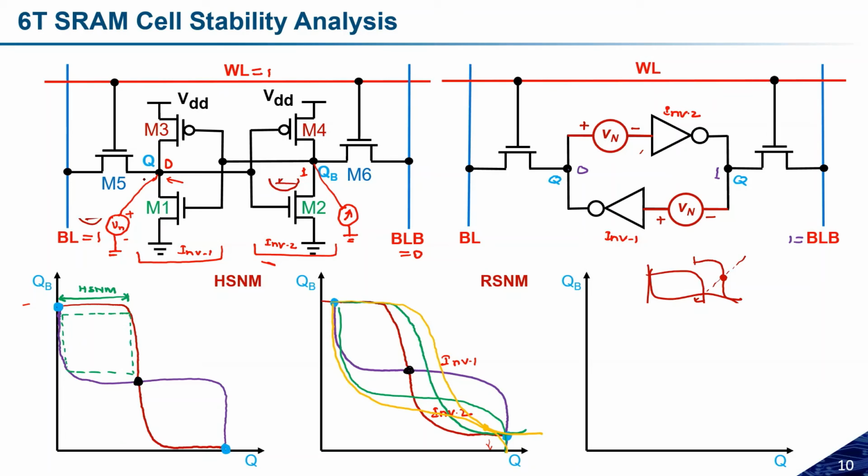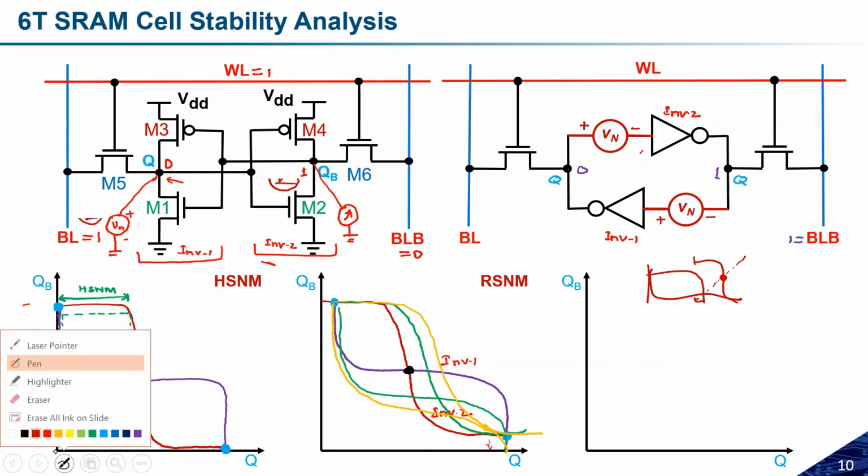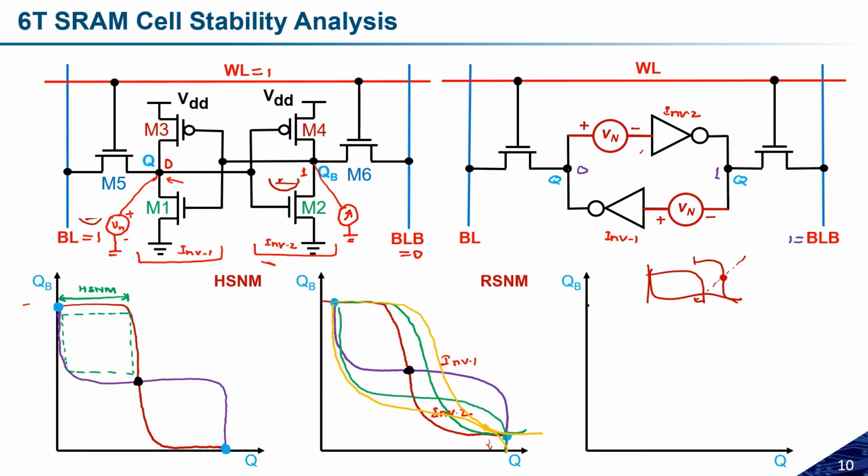So at Q, that will be the read voltage transfer characteristics, and at QB, that will be the write voltage transfer characteristics. So the graph will be something like this. This is because of the read static noise margin, read voltage transfer characteristics, because the setup is a read one.